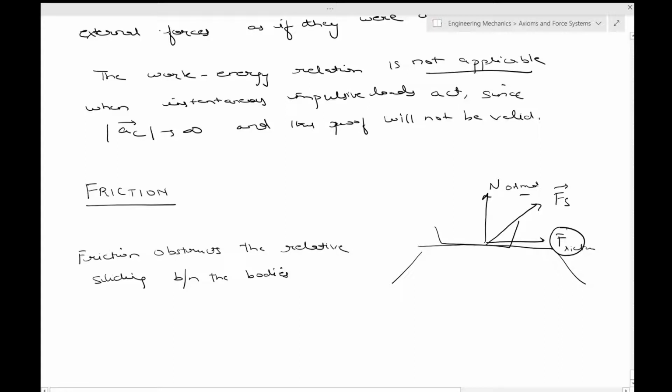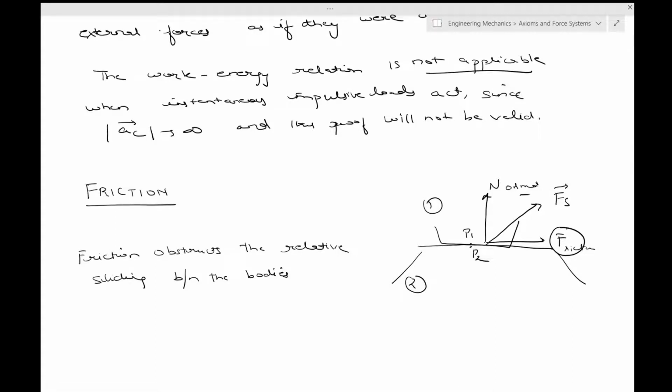So if this point is P1, this is body 1, this is body 2, and this point is P2 over here. So the direction of friction on body 1 is opposite to the possible or existing relative velocity of point P1 relative to the point P2, with which it is in instantaneous contact.